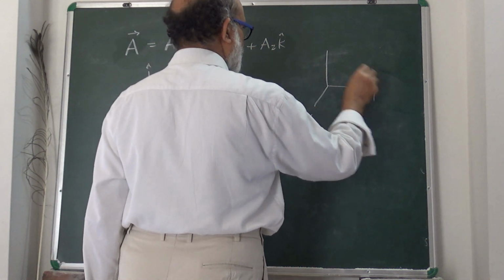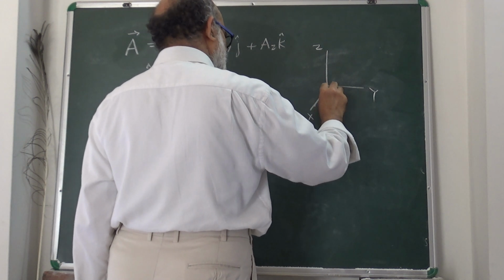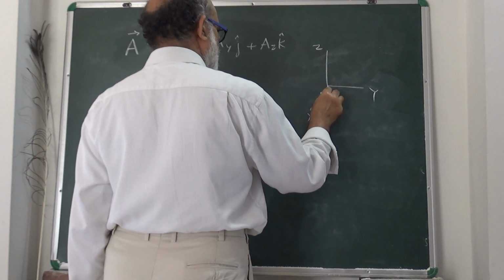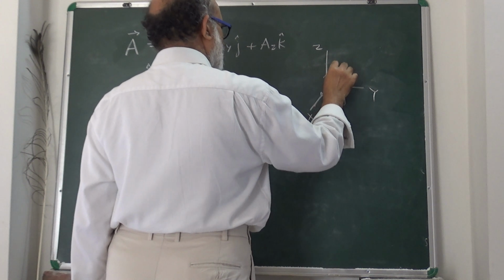So i is along the increasing direction of the x-axis. This is the i unit vector, this is j, and this is k.